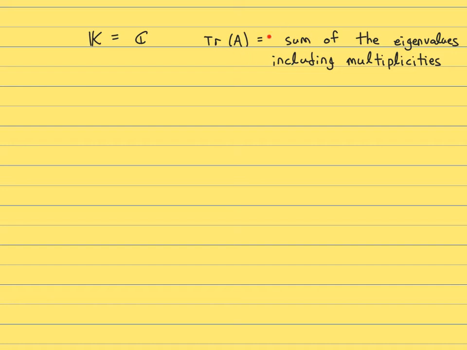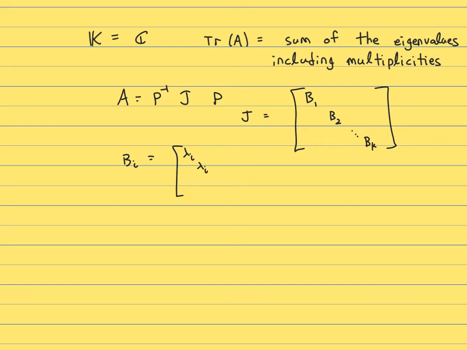However, this fact relies on working over an algebraically closed field because, well, it relies on the fact that over an algebraically closed field, you're guaranteed to be able to write your matrix in a nice form with respect to the eigenvalues, where each block has some eigenvalue down the diagonal, and then just one on the off diagonal. So if you've taken an advanced linear algebra course, you might have seen this before.